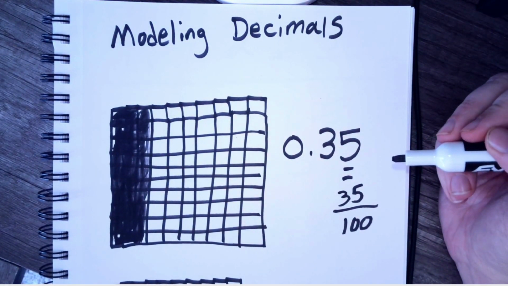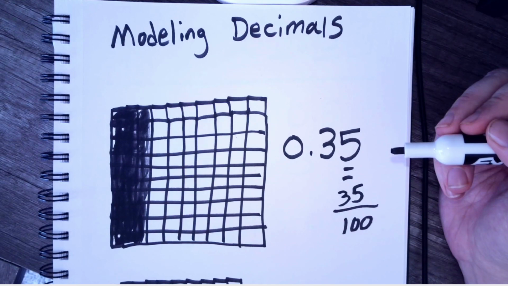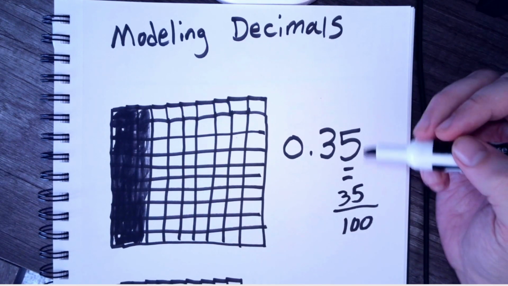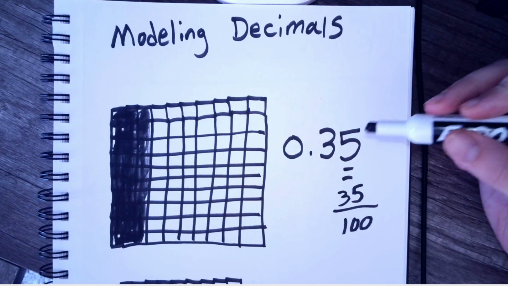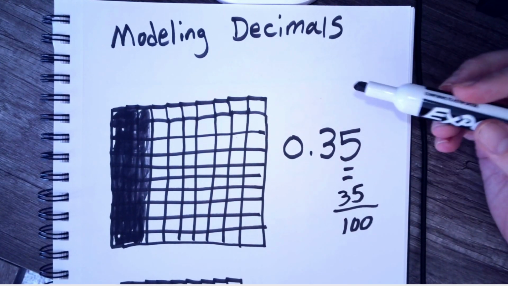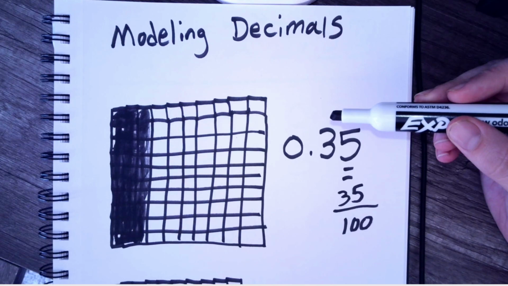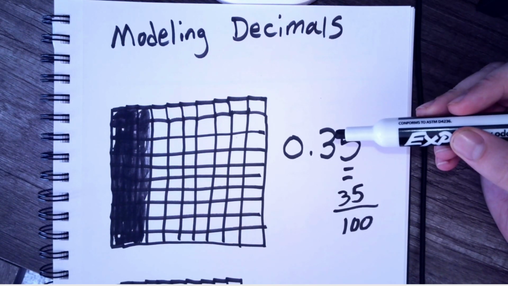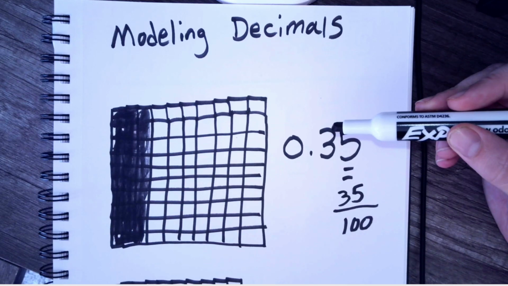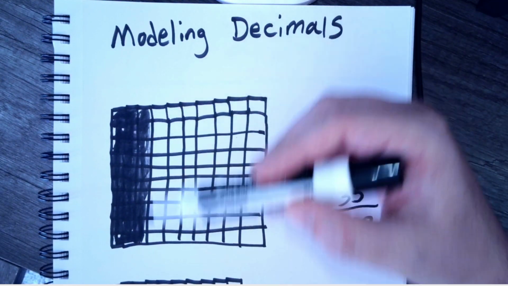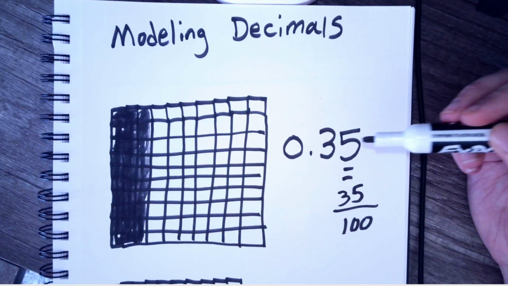Okay, so that's not my entire model though, because I still have a 5 in the hundredths place. Remember, it's 35. So those 3 tenths equal the same thing as 30 hundredths, because I have 30 of those shaded in now. But now I need 5 more.